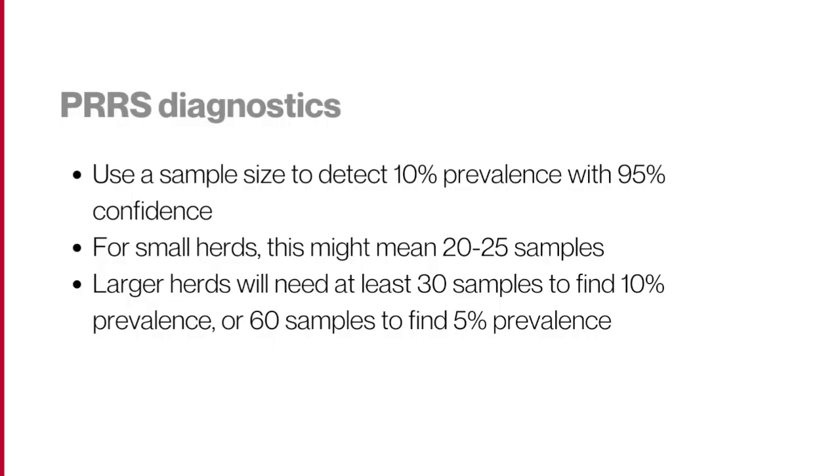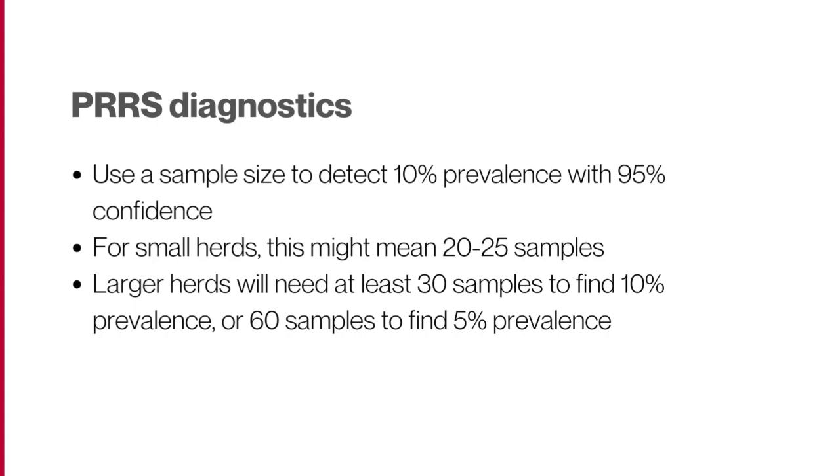So in terms of diagnostic workup to determine the PRRS status, there is the recommendation to use at least a sample size that allows you to detect 10% prevalence with 95% confidence. In small herds, you might end up with like 20, maybe 25 samples per point in time.